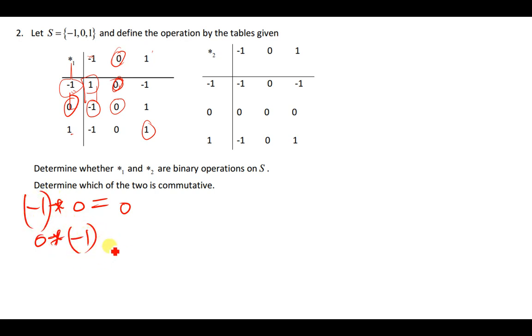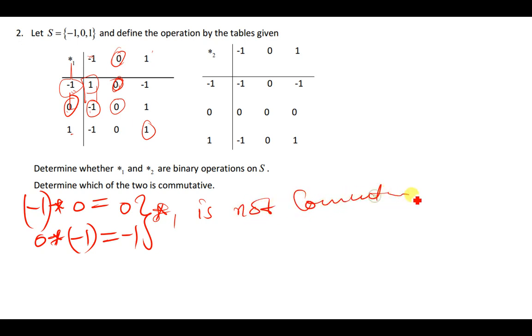So if we change the arrangement, 0 star -1, the answer is giving us 1. So the answers on this side are different. Hence, star 1 is not commutative, or it does not obey the commutative law.